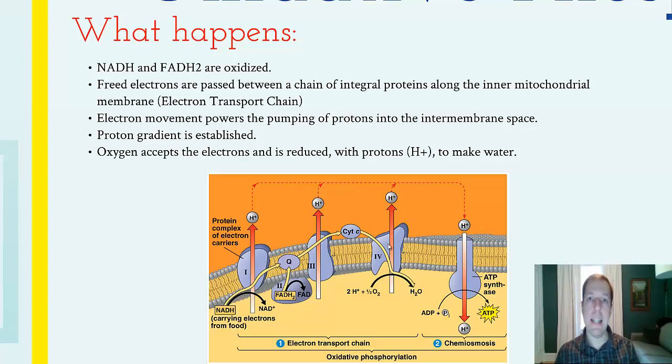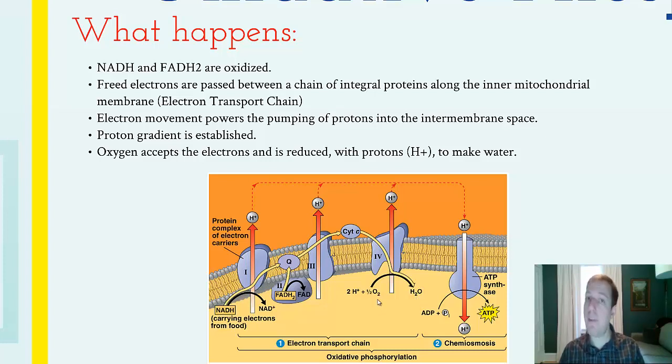So this is referred to as the electron transport chain, because the movement of electrons from those electron carriers is being symbolized here by this yellow arrow, being passed from one protein to the next in a chain, eventually combining together with oxygen gas and protons to be able to produce water, H2O, which is one of the byproducts here of this process.